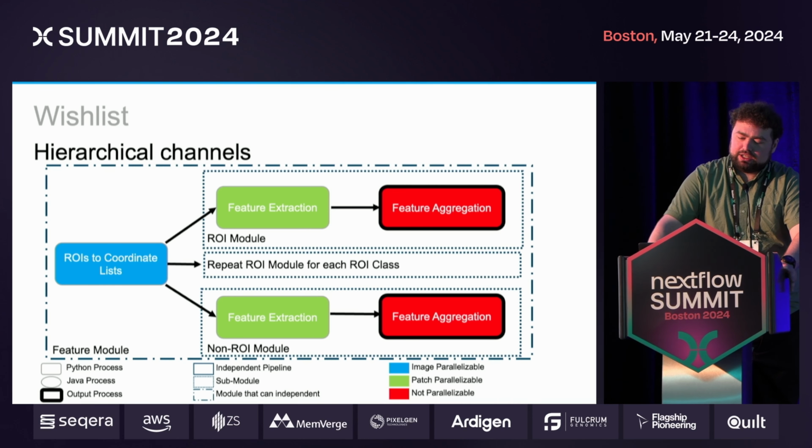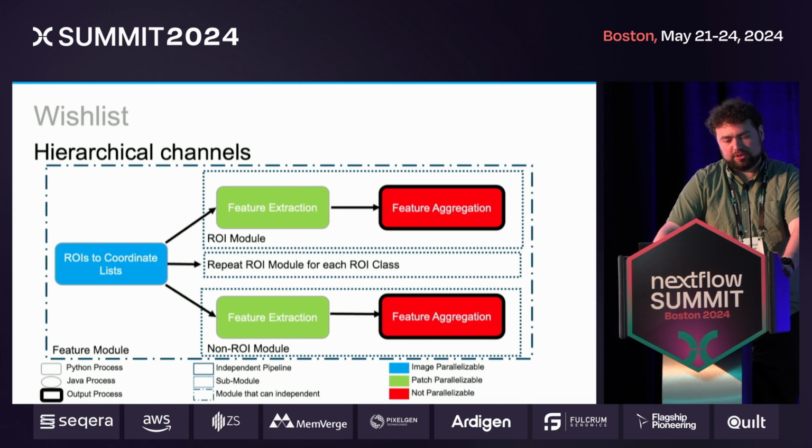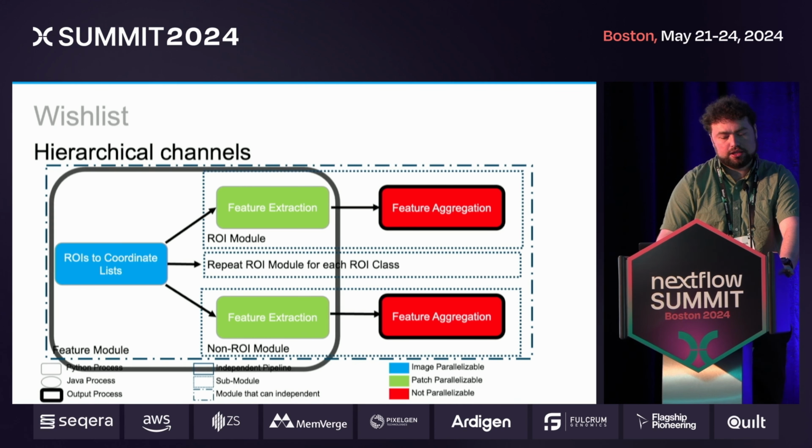So some way of just telling NextFlow, don't group across this higher level image or higher level channel would be useful. Again, happy if anyone has any ideas on that.